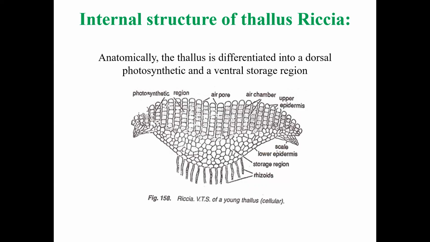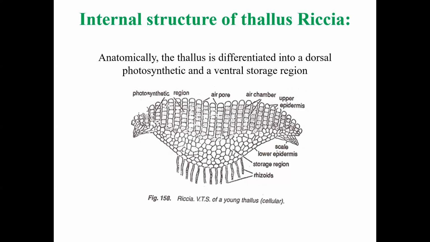The ventral region of the thallus consists of compactly arranged simple parenchyma cells, which are colorless. The cells of this region make the storage and are filled up with starch grains.